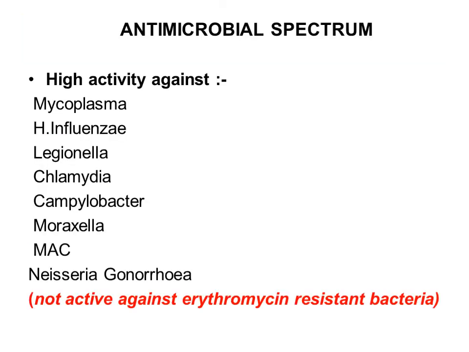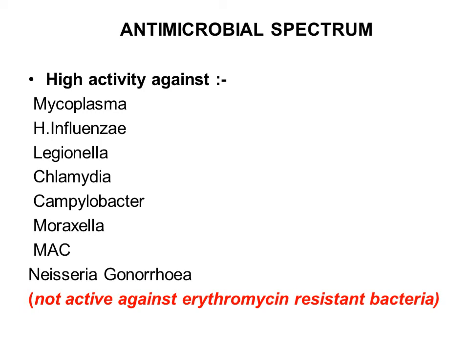Other than the spectrum of erythromycin, it has a higher activity as compared to erythromycin. The activity against these organisms, which I'm going to mention, is higher for azithromycin as compared to erythromycin: Mycoplasma, H. influenzae, Legionella, Chlamydia, Campylobacter, Moraxella, Mycobacterium avium complex, Neisseria gonorrhoeae.